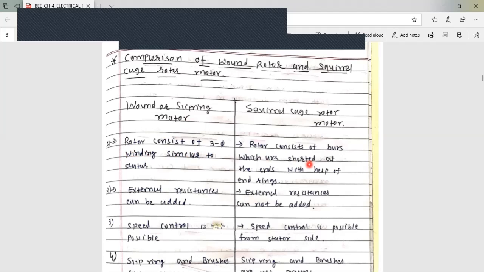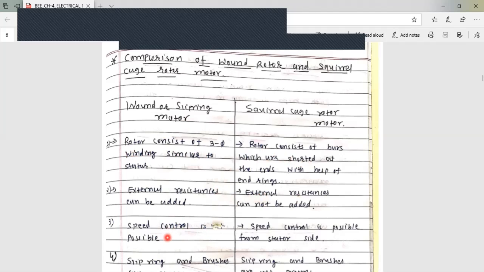But the squirrel cage rotor consists of bars which are shorted at the ends with the help of end rings. In the slip ring rotor, external resistances can be added. Here, external resistances cannot be added.